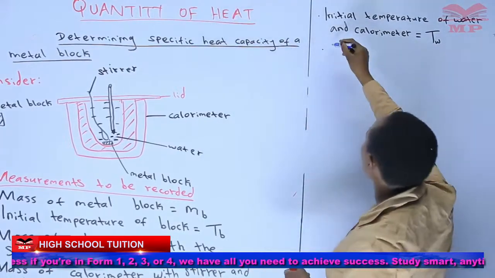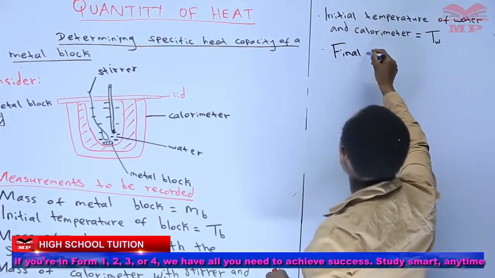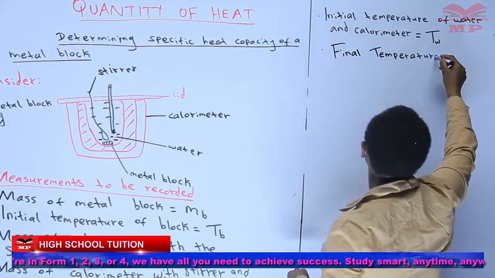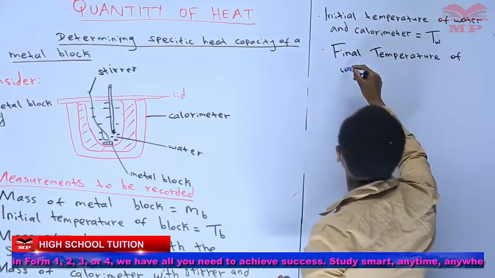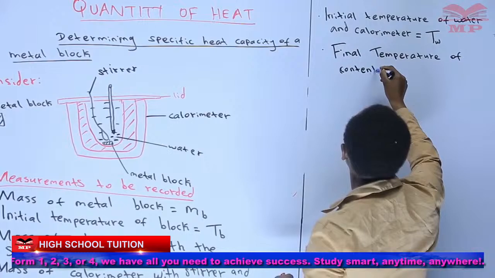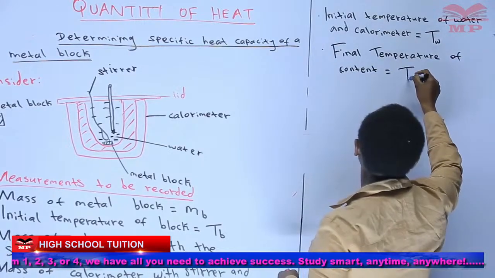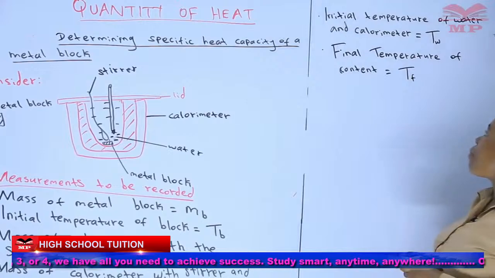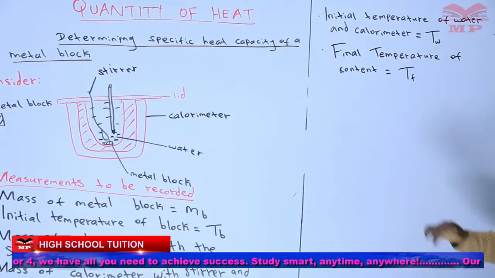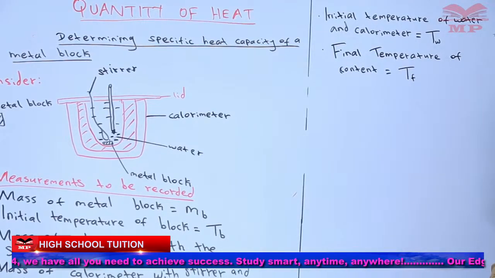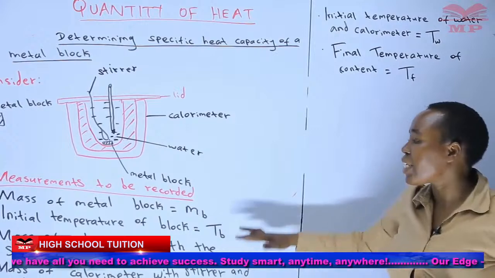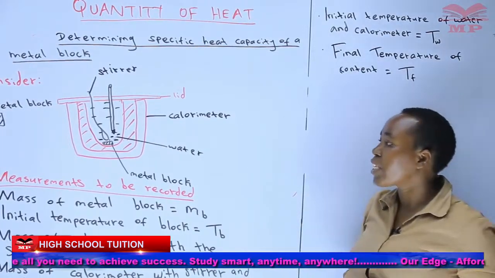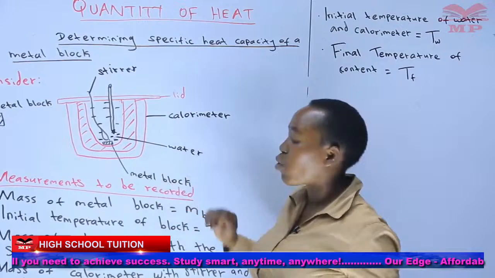So we can talk of the final temperature of the content, which is a steady temperature. We can call it TF for the final temperature of the content. These are the measurements that we need to calculate the specific heat capacity of the metal block.